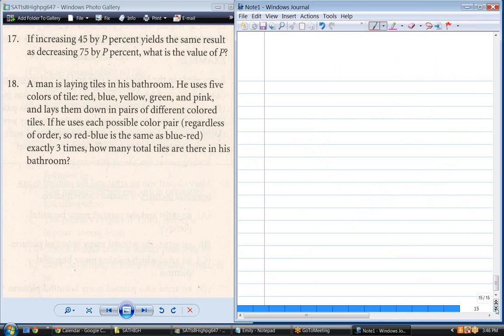I don't understand the wording on 17. If I increase 20 by 50%, what do I have? If I increase the number 20 by 50%, oh, by 50%. You have 30. Okay, so now we understand the problem.